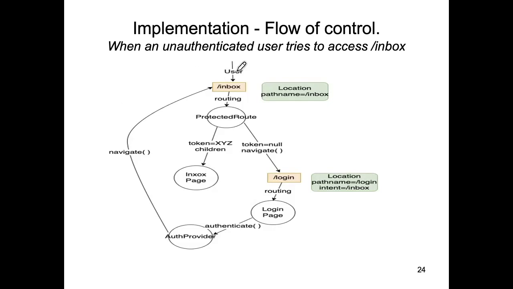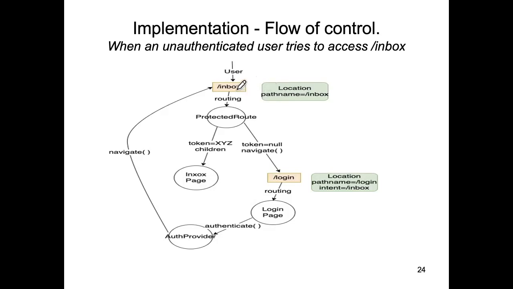So the user clicks the inbox link, let's say. And so my square box here now means that the browser's URL address has changed. When the browser's URL address changes, React Router creates a location object, which I'm representing over here on the right. And in this location object, there's nothing interesting other than the path name key, which has the current URL of the browser.